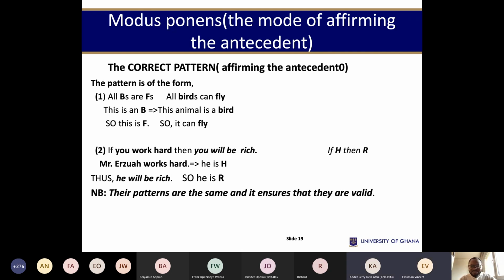And the F is the consequent. So when you come to example 2, if you work hard, then you will be rich. Now, the first part is the antecedent, and the second part is what? The consequent.